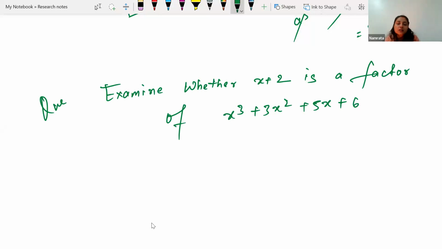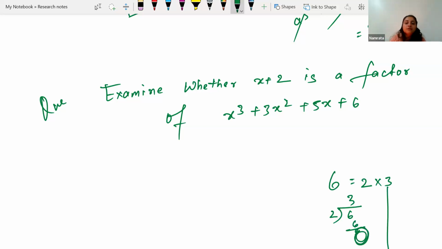For applying the factor theorem, what we need to understand is this: if we have a number, let's say 6, how do we factorize it? We can factorize it like 2 into 3. So 2 and 3 are the factors of 6. If you divide 6 by 2, you get the remainder 0. If you divide 6 by 3, you get the remainder 0.